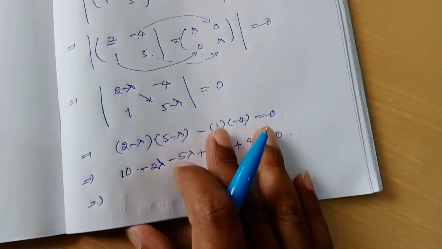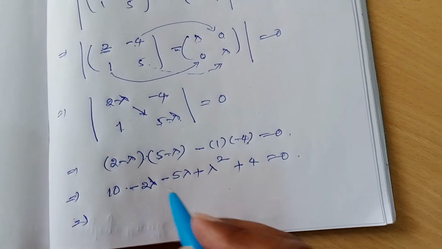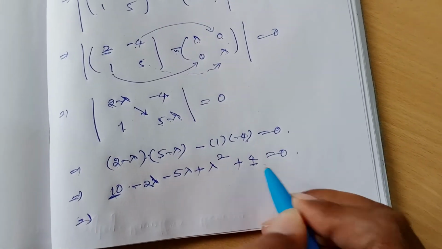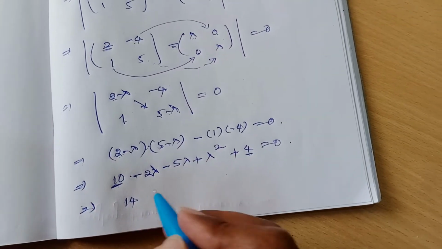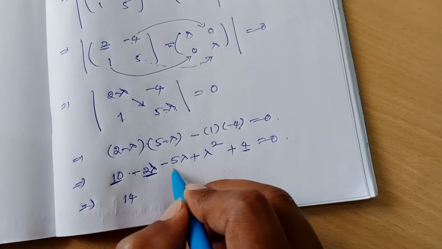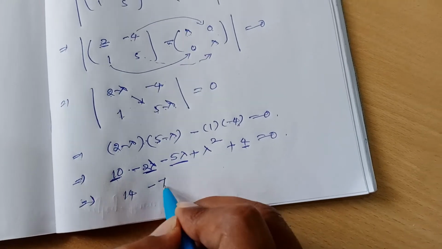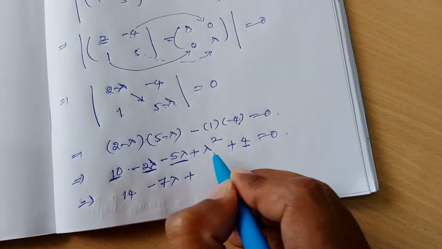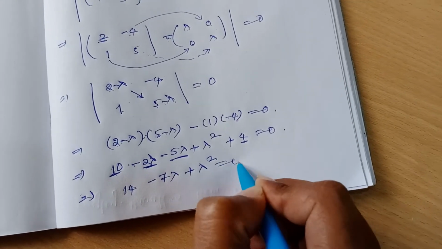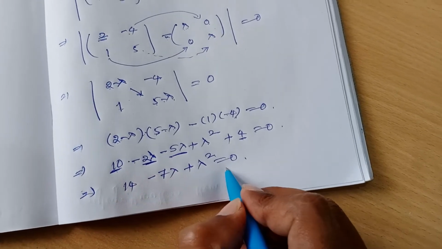Which is equal to 10 plus 4, this is 14, minus 2 lambda minus 5 lambda, this is minus 7 lambda, plus lambda square is equal to 0. This is the characteristic equation.